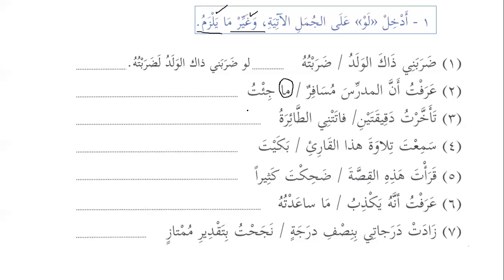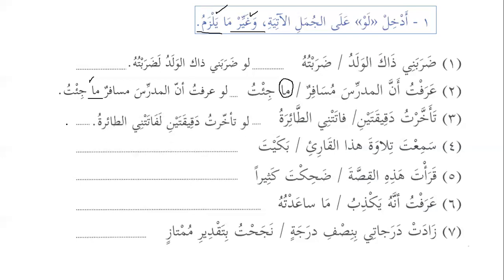لو عرفت أن المدرس مسافر ما جئت. Excellent. So now you can see here that there is no need to use la because this is a negative sentence, manfi. Excellent. تأخرت دقيقتين فاتتني الطائرة. لو تأخرت دقيقتين لفاتتني الطائرة.